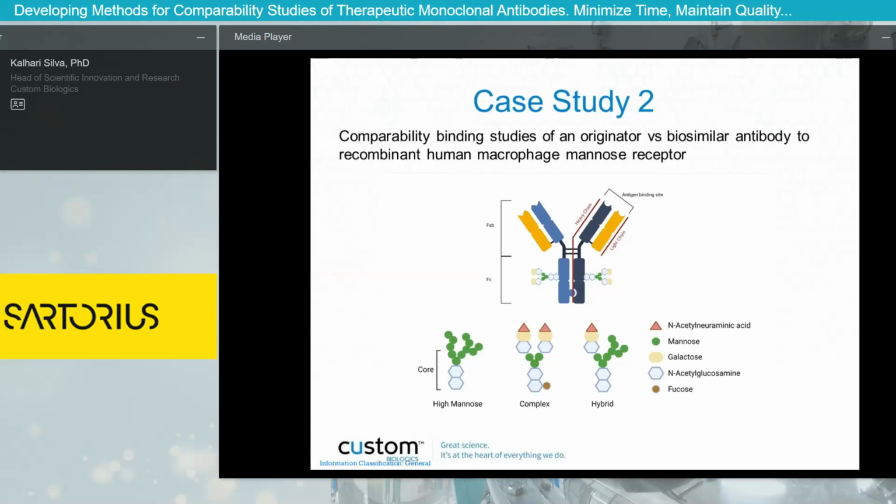So the N-glycans have important structural functions. They stabilize the CH2 domain of the Fc region of the IgGs, and deglycosylation of these monoclonal antibodies gives rise to thermally less stable molecules that are also more susceptible to unfolding.